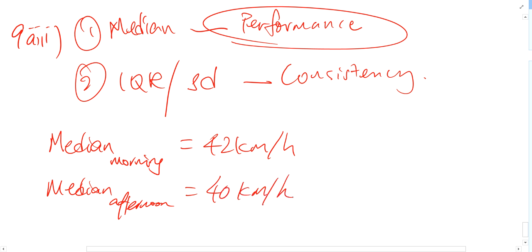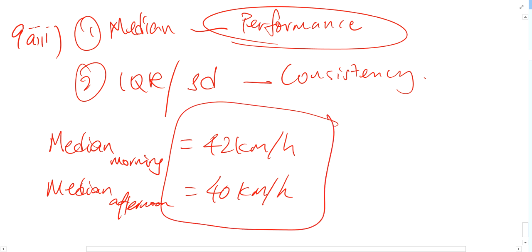So what do we get when we compare these 2 median values? What is the conclusion? What is your interpretation when I say performance? Average? No, we don't use the word average. Faster or slower? Yeah, okay, that is a comparison of the performance. Generally, morning or afternoon faster?